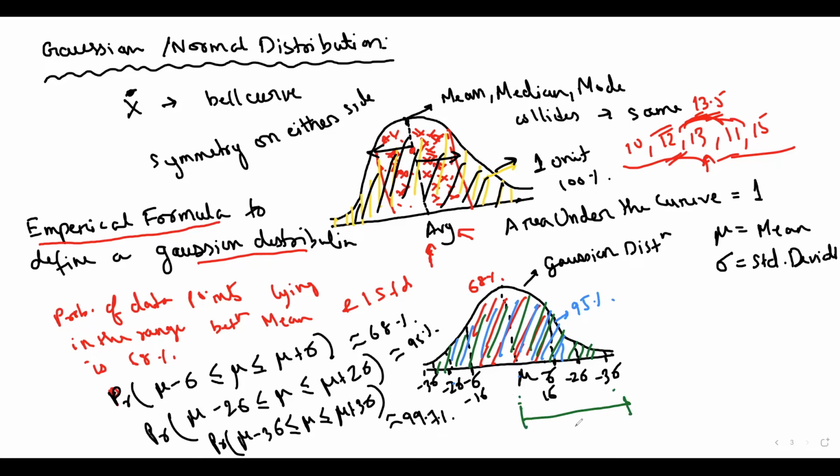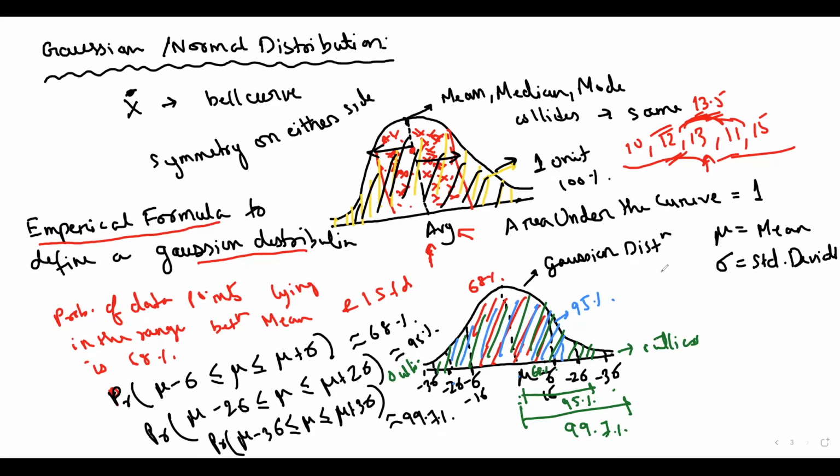So this is 99.7%. This one between mean and second standard deviation is 95%. Between mean and first standard deviation is 68%. Okay, and the remaining are considered as outliers. We do not bother about them. Why? Because we have the majority of the data, right? Why do we need to bother about them? We'll discard them. I will make you understand that as well.